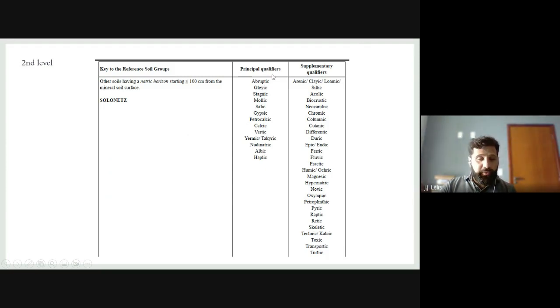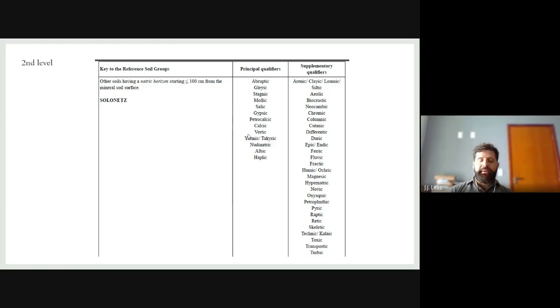So those qualifiers that influence the soil formation and how the soil can be used are at the top of the list, and those that are not so important are in the bottom positions of the list.